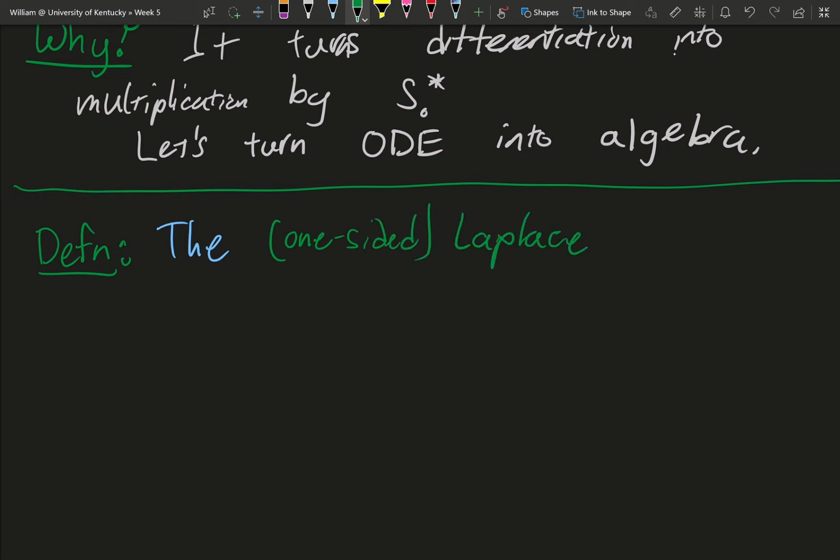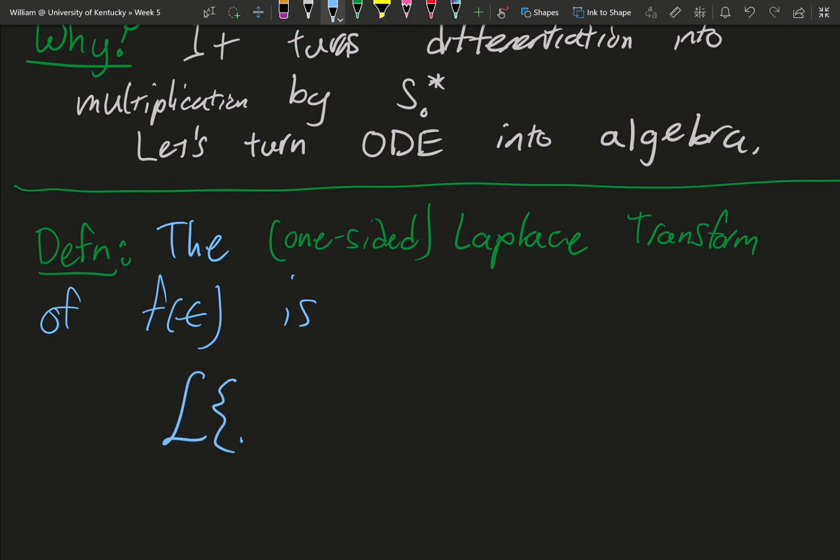So the Laplace transform, or sometimes called the one-sided Laplace transform, of a function of t is defined by the following integral.